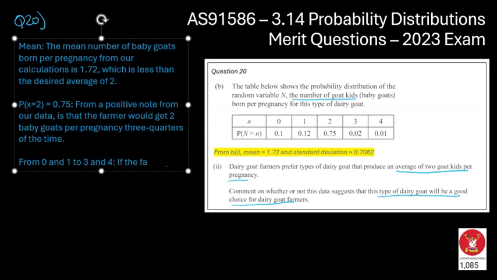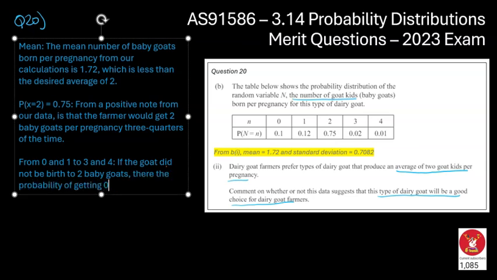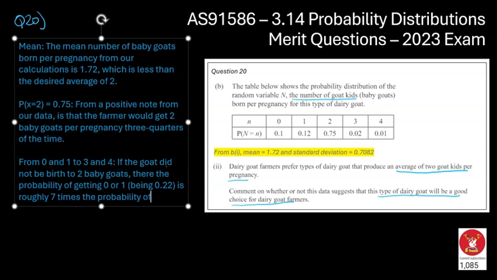So if the goat did not give birth to 2 baby goats, then the probability of getting 0 or 1, being 0.22, is roughly 7 times the probability of getting 3 or 4, being 0.03. So that's not good for your average.